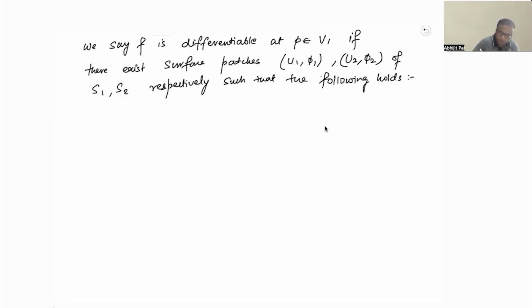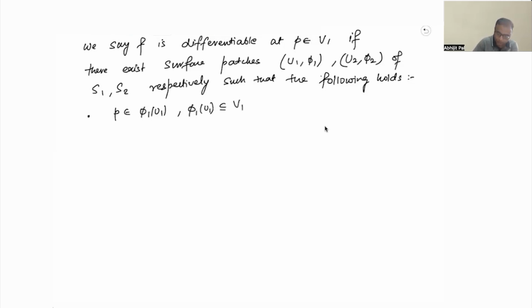First, p has to belong to phi1(U1), and phi1(U1) is contained in B1.